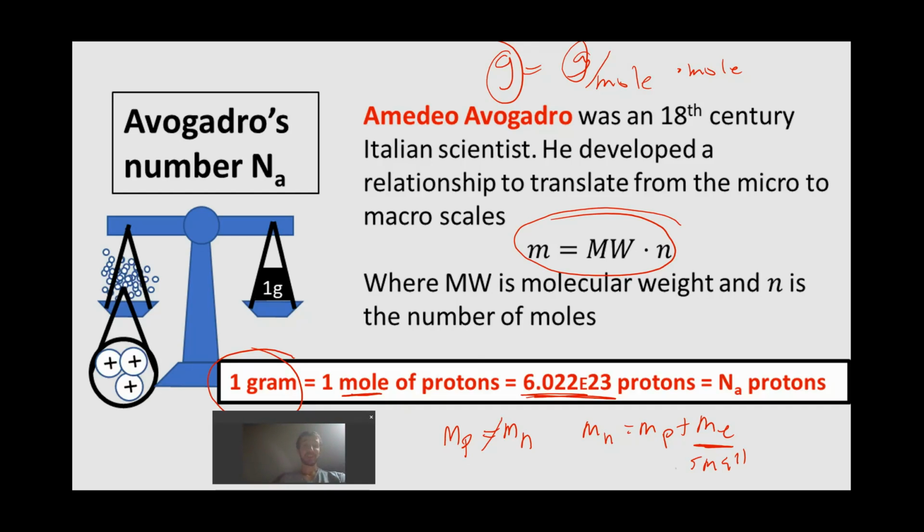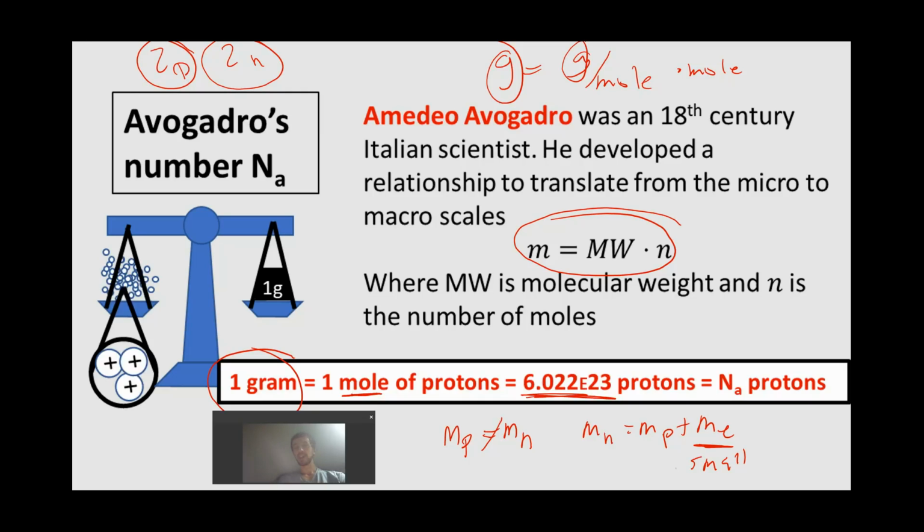If we go up to helium, helium has 2 protons and 2 neutrons. Now we've said more or less that protons and neutrons have the same mass. So if I have a mole of helium, and each atom of helium has 2 protons and 2 neutrons, well, that's 4 atomic mass units.